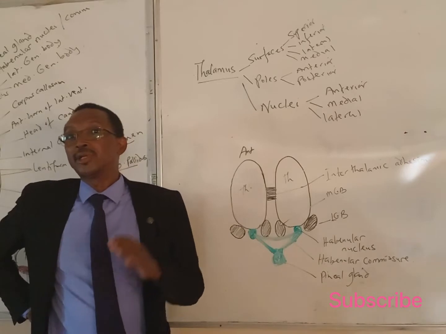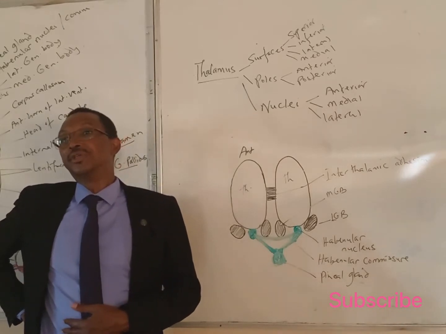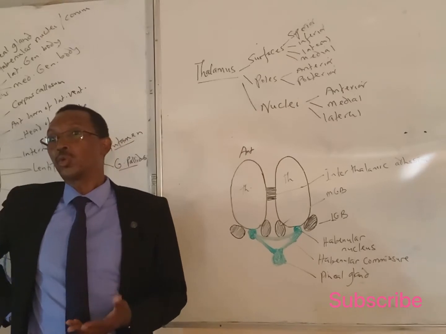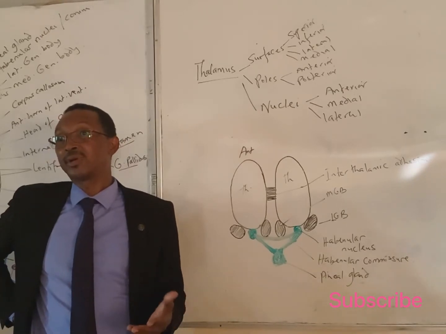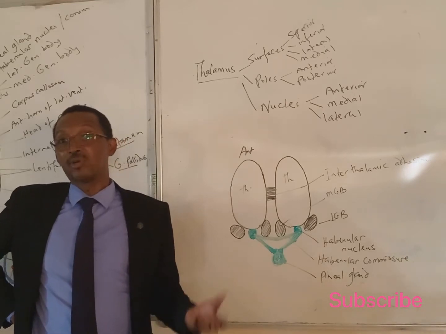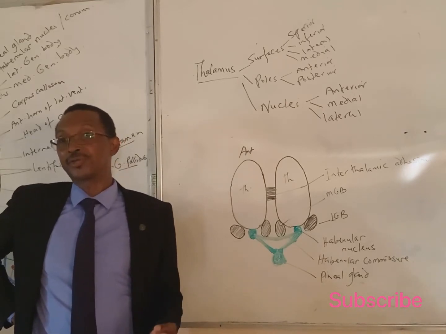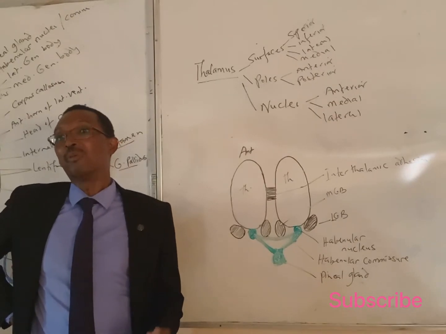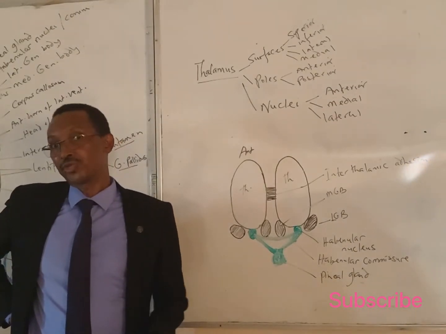Thalamus is one of the diencephalic nuclei, which we made mention about, five nuclei there. We said we have thalamus, hypothalamus, subthalamus, epithalamus, and metathalamus.